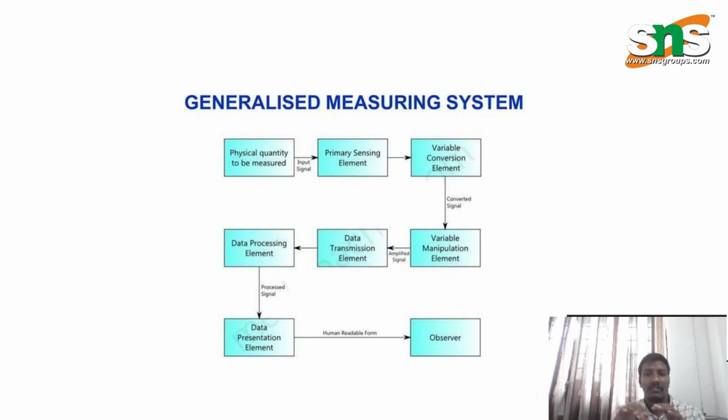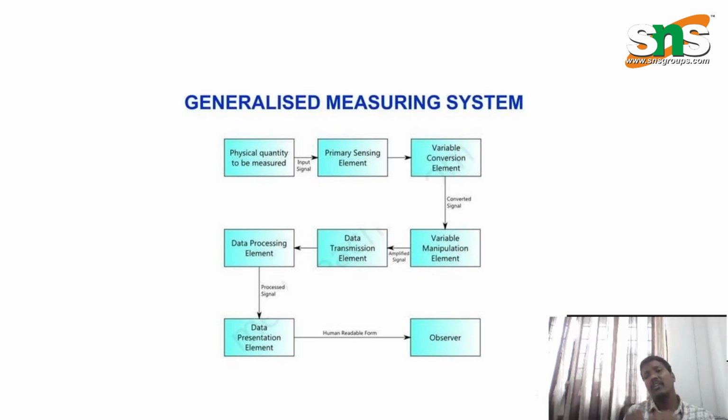In the generalized measurement system, we have these processes: the physical quantity to be measured, such as pressure or temperature, and the primary sensing element. For the measurement of current, people use the ammeter and copper wire. Then the variable conversion element: the ammeter will have a magnet, and the magnet will get the EMF.